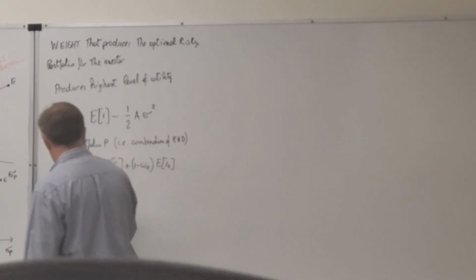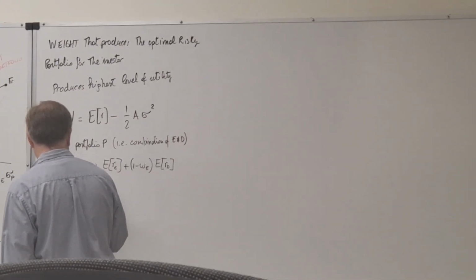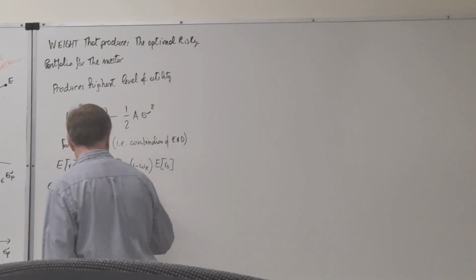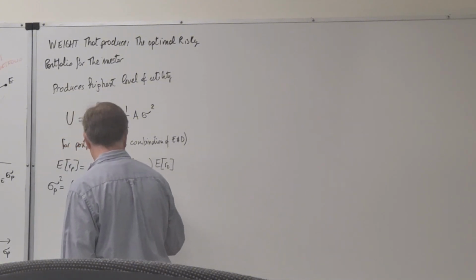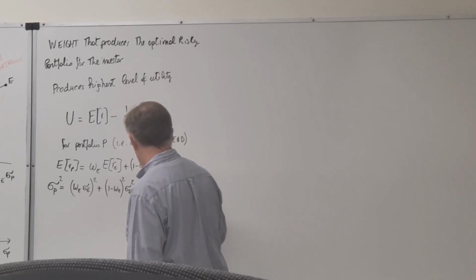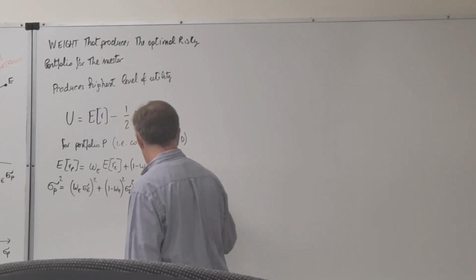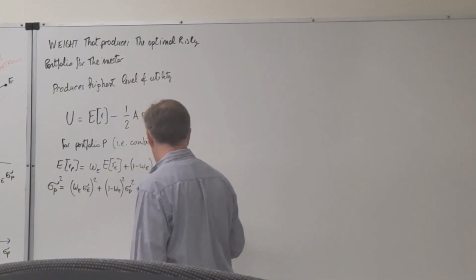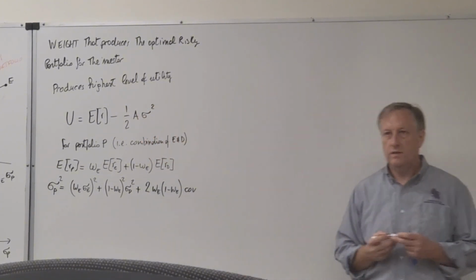So this is the same as the weight of equity squared, sigma E squared, plus 1 minus the weight of equity squared, sigma D squared, plus twice the weight of equity, 1 minus the weight of equity, covariance. Do you agree with that?